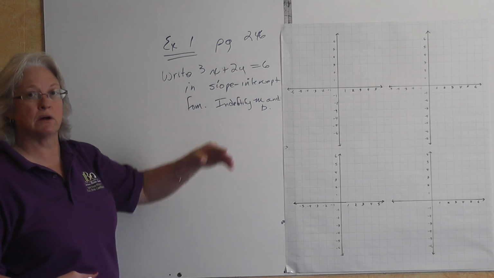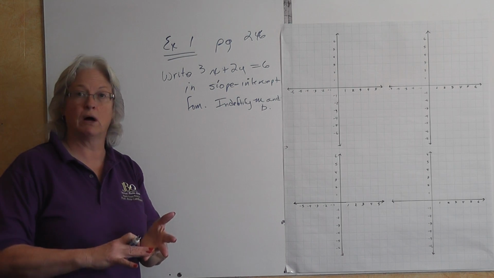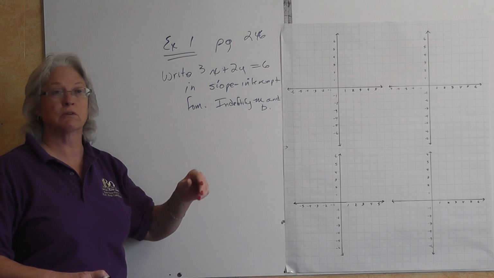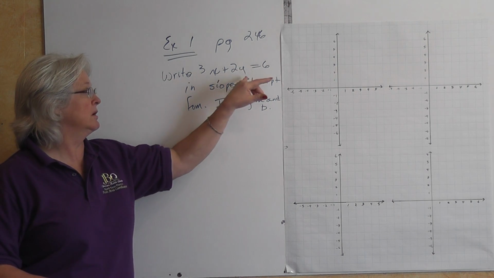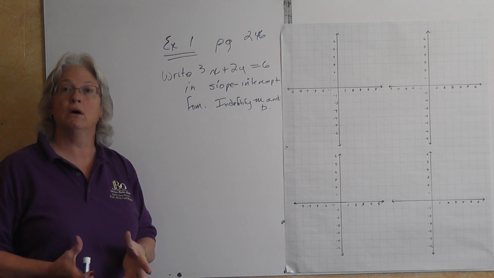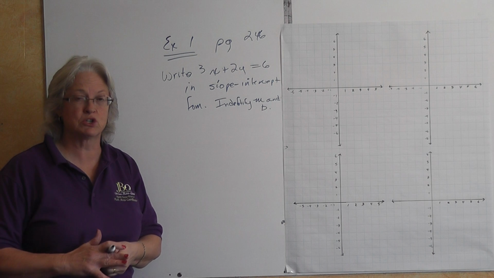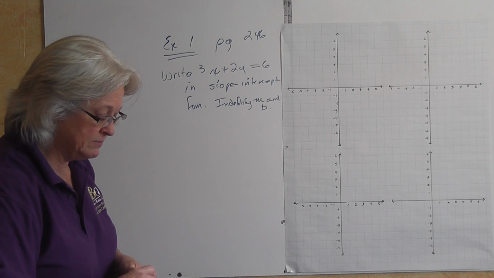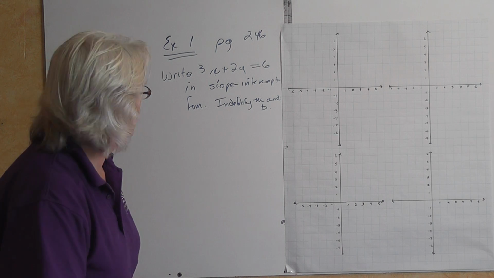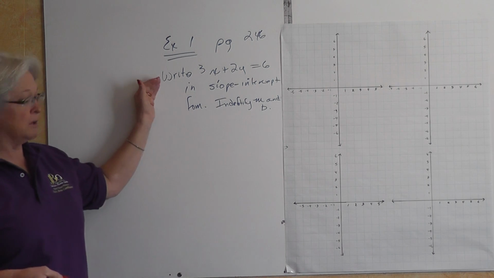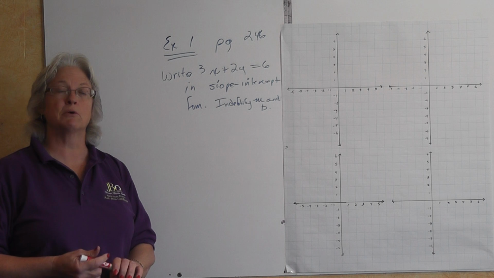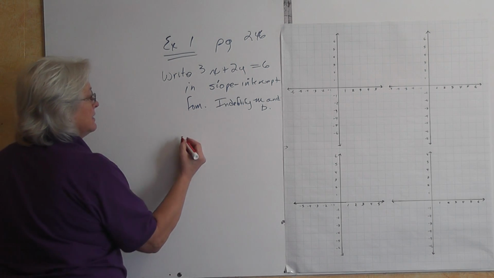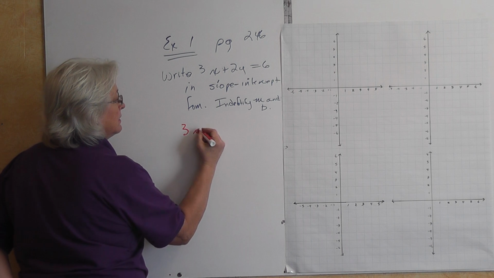So we know that as long as we have an equation that has an x and a y in it, and they're both what we call first degree, they both have only an exponent of 1, we have an equation that we can show as the graph of a straight line on a Cartesian plane. First thing we want to do is write this equation in slope-intercept form. We do that by solving the equation for y.